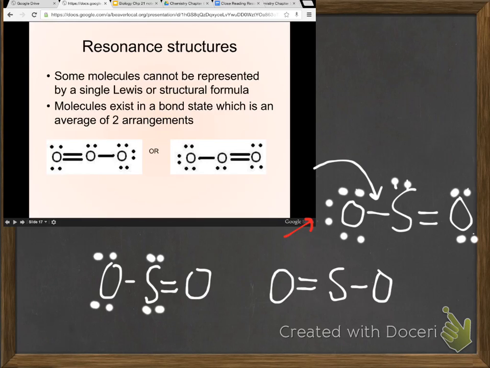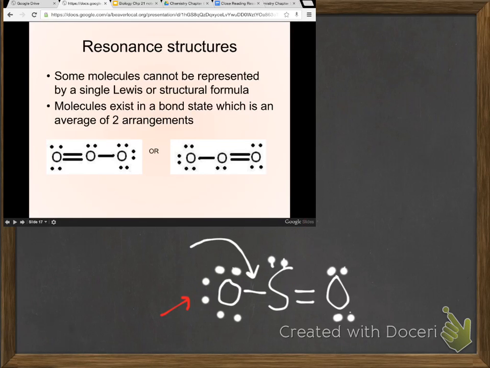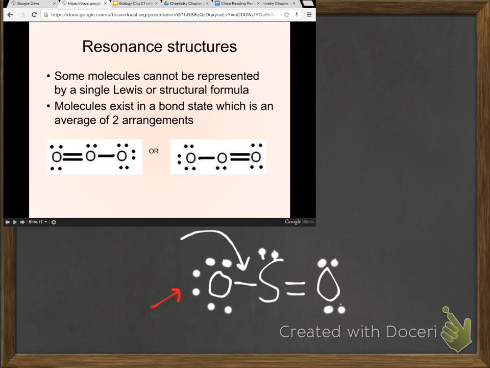What we used to think, and I'd have to check dates, but I know it was within my lifetime and within my academic career, was that these kinds of molecules went around flipping their bonds, that the bond went back and forth, back and forth, and the electrons went back and forth, like a little tennis game where the tennis ball is going from here to there, that these things flip-flopped.